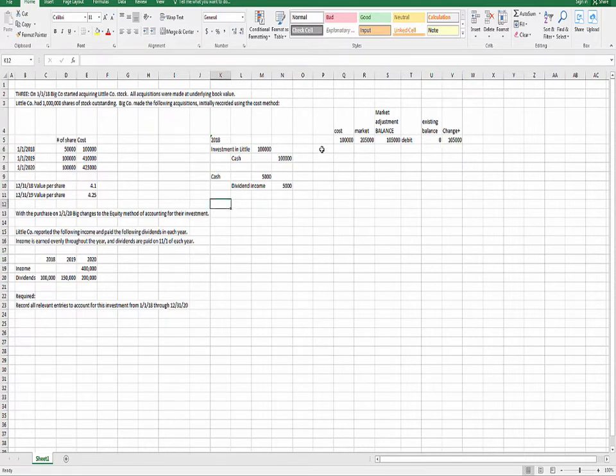So we're going to go ahead and debit the market adjustment for $105,000, and that's going to be an unrealized gain.